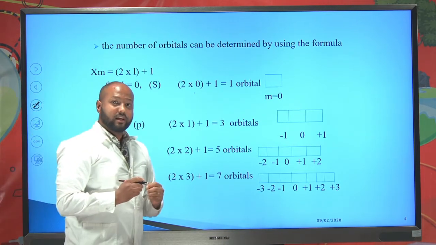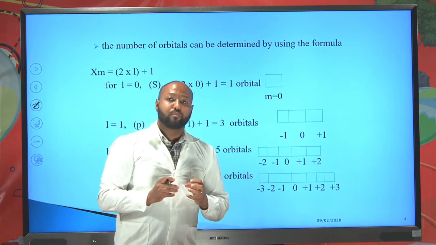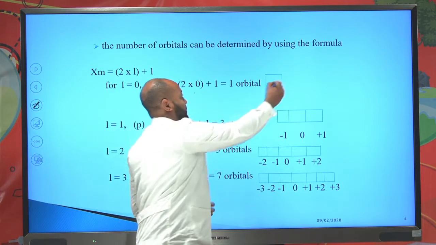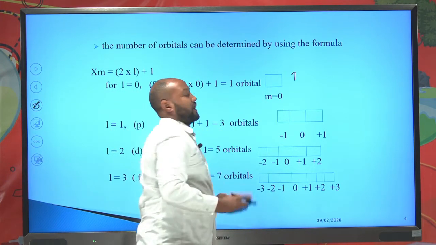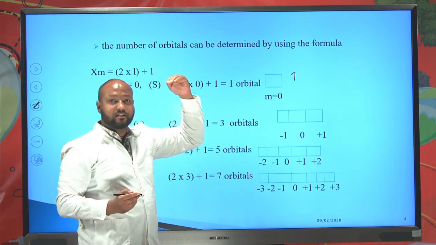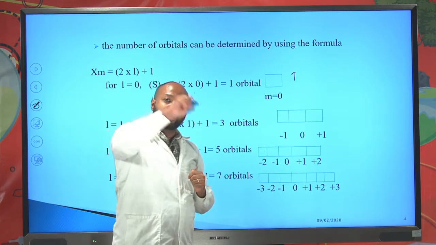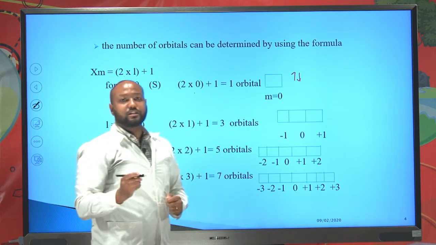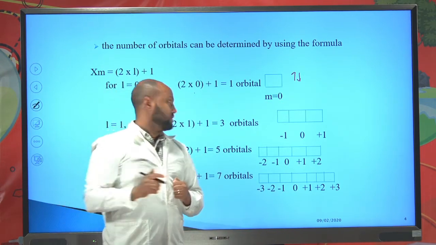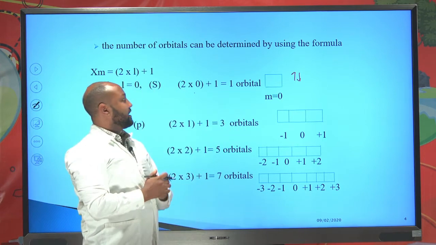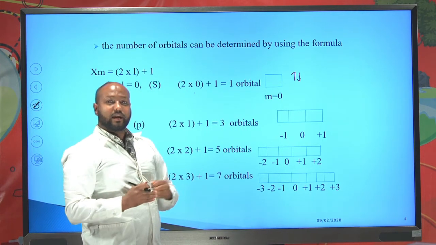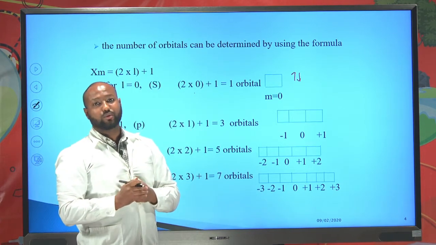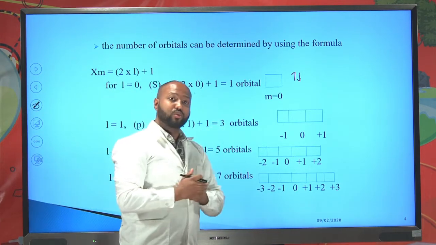An orbital is represented by a box, and the electrons are represented by arrows. An arrow upward tells us the electron is spinning clockwise, and an arrow downward tells us the electron is spinning anticlockwise. So it has 1 orbital. An orbital has a maximum of 2 electrons. It cannot have more than 2 electrons.